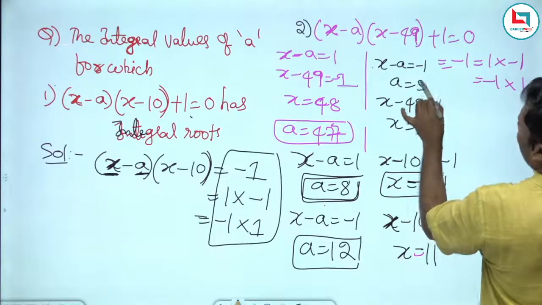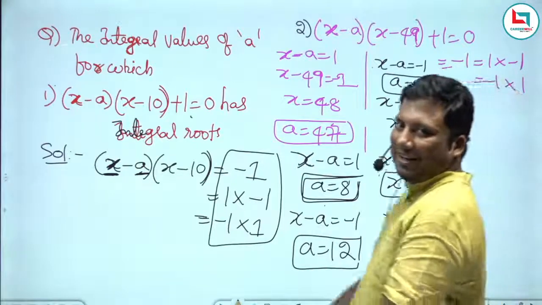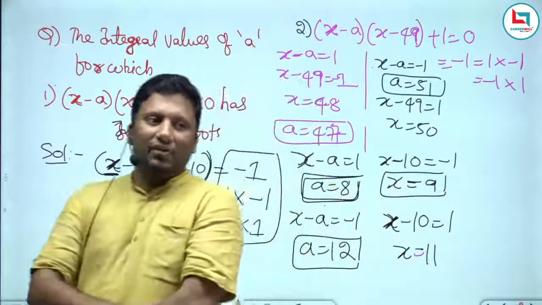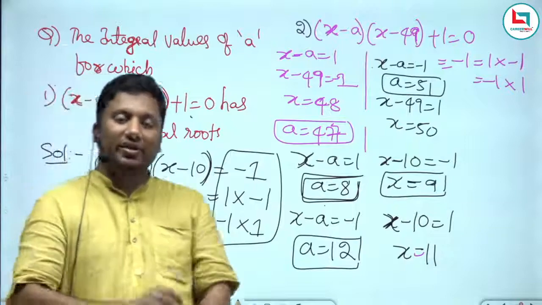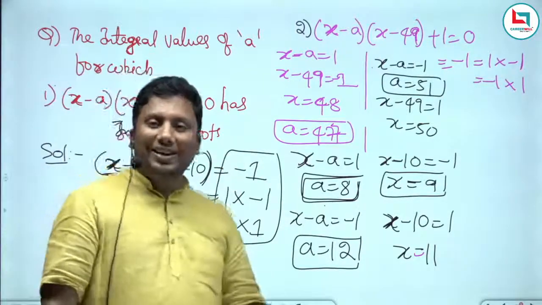A will become 51. A equivalent to 51 and A equivalent to 47. I hope the idea is clear.